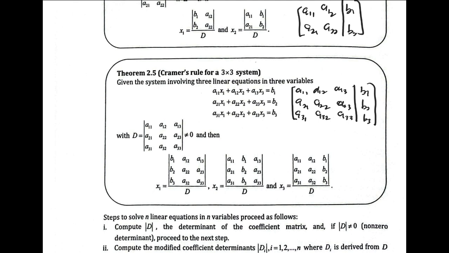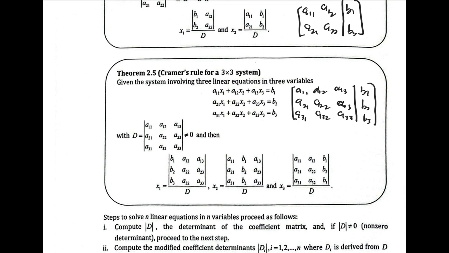So after you have looked for the determinant, this is the determinant using the whole coefficient matrix. Next thing to do, like what we did in 2 by 2, to find x1, we replace the coefficient column of x1 with the constant matrix, calculate the determinant for this one, divide, and you will get x1.